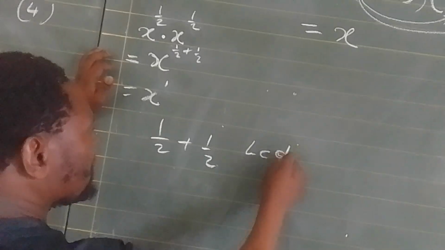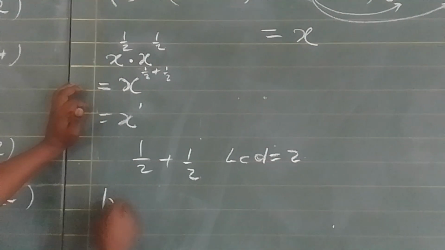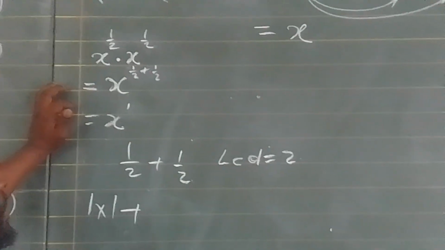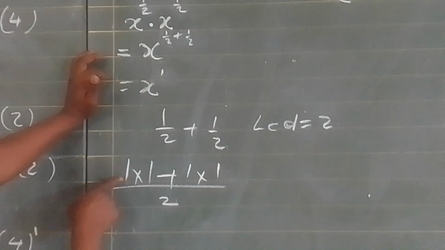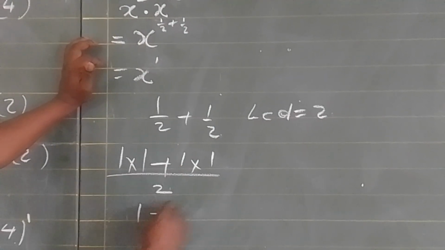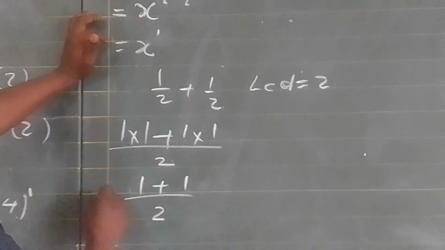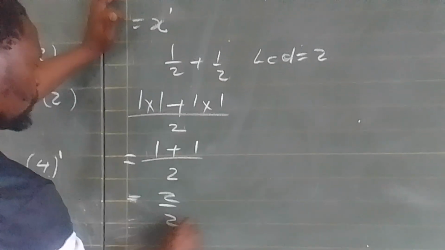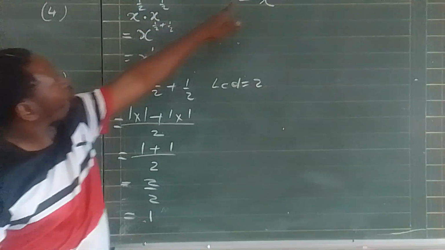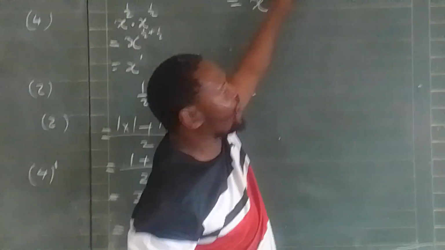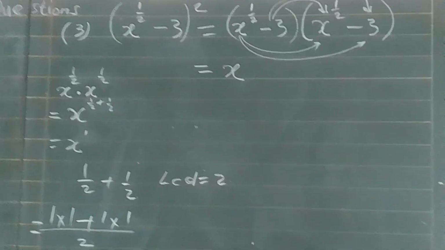They are both in the same denominator of 2. 2 goes into 2 one time, 1 times 1, plus 2 goes into 2 one time, 1 times 1, all over 2. 1 plus 1 is 2 over 2, and 2 over 2 is 1. Hence x to the power half times x to the power half is the same as x to the power 1.